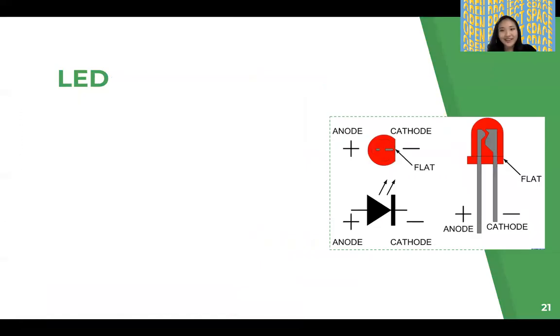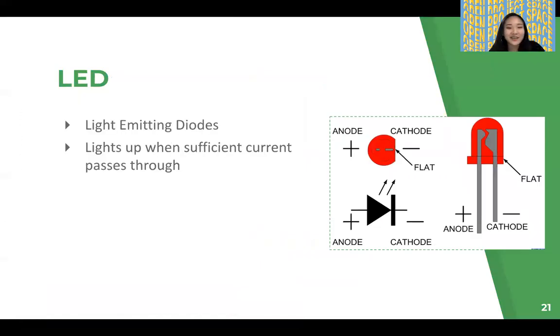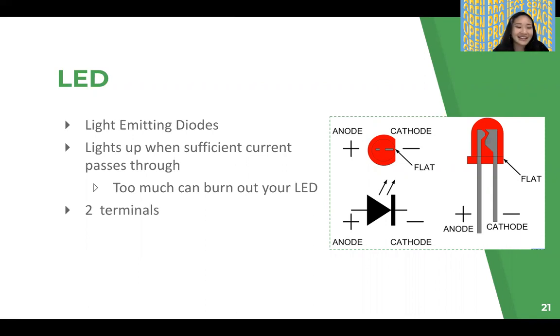Right, and then LEDs are light emitting diodes. They light up when sufficient current is passed through their terminals, and the legs of the LEDs are called terminals. Too much current can burn out your LED, so you want to determine the right amount to pass through. For example, if you just connect your LED without a resistor, it will probably break, and you don't want to do that. All right, so the LED has 2 terminals.